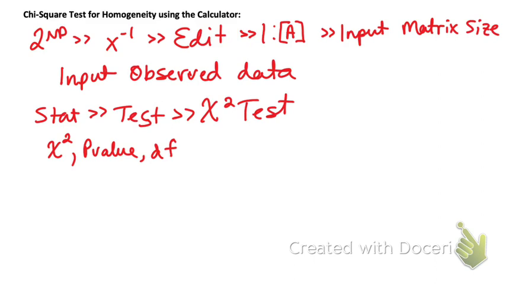Stat, test, I went and downloaded C. Yes, so your matrix, you didn't put your data in. Oh, that's how you do it. Because I tried putting in the number. 3 by 3. Thank you, Miss Lee. Yes. All right, kids. Stat, test, chi-squared test, chi-squared value, your p-value, your degrees of freedom.